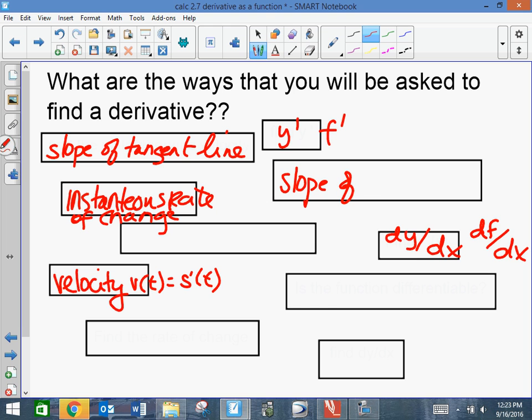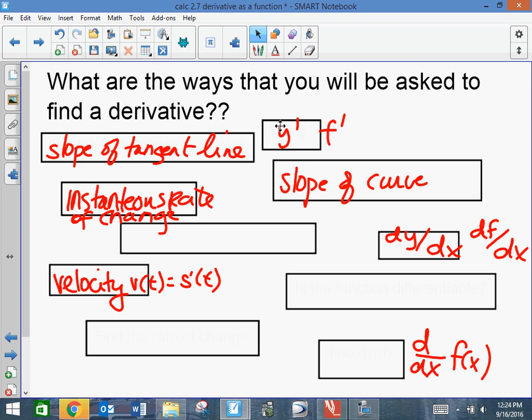Slope of the curve. Yeah, but isn't that the same thing as just the slope of the tangent? I mean, it's a different one because you have to understand what that means. So yes. Okay.